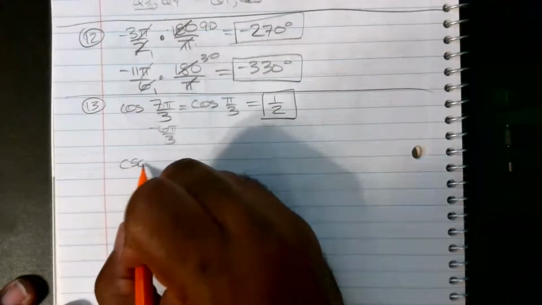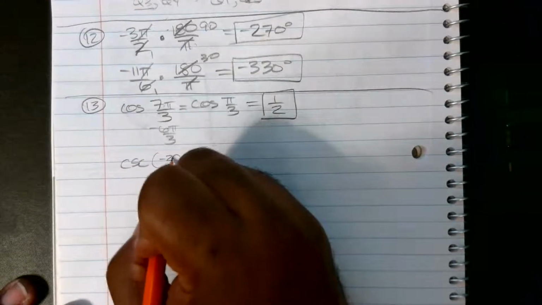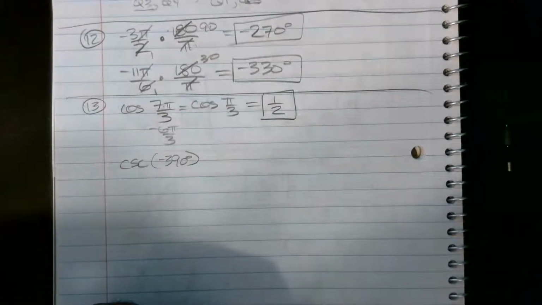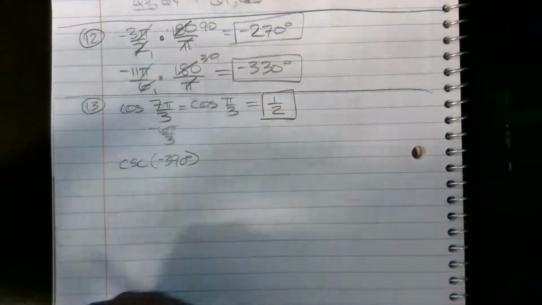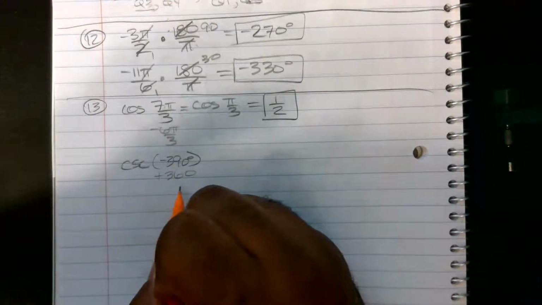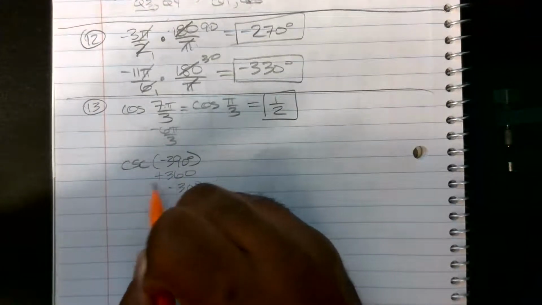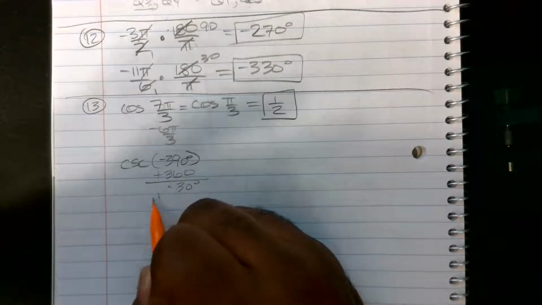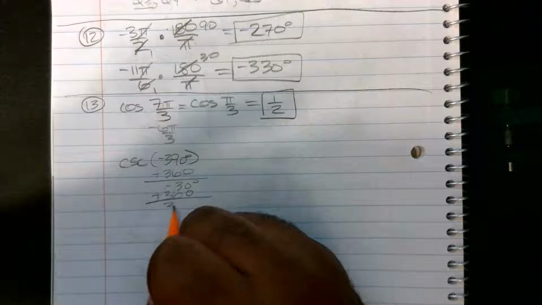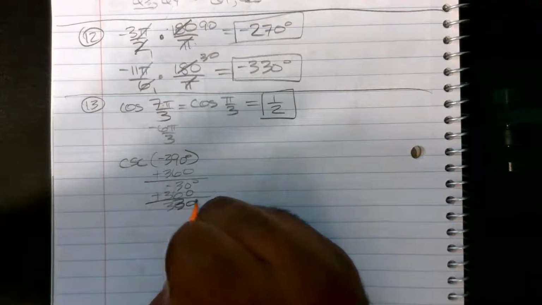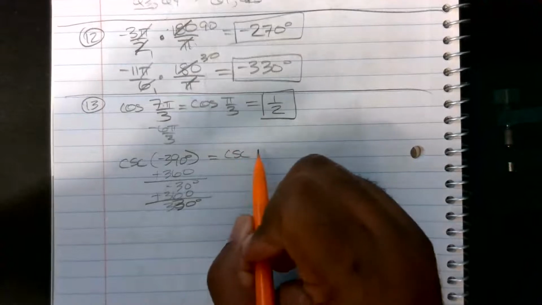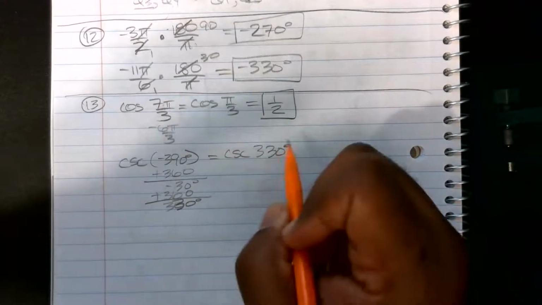Cosecant of negative 390 degrees. If I add 360 to this, I end up with negative 30 degrees. If I add 360 again, because I'm still not where I want to be, I end up with 330 degrees. So this is the same thing as cosecant of 330 degrees.